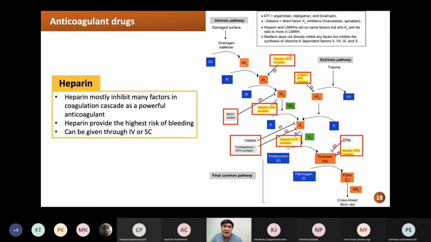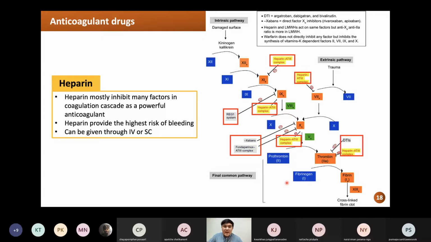You can see that heparin can inhibit many factors and many steps in this coagulation cascade. So we can count heparin as a strongly powerful anticoagulant, which leads to heparin being generally used to prevent clot formation.